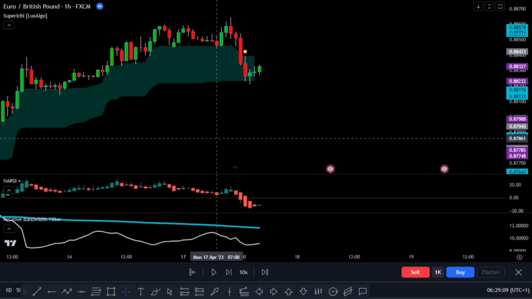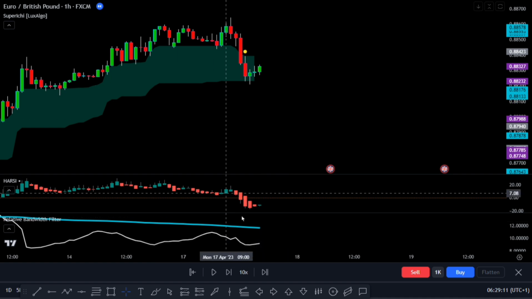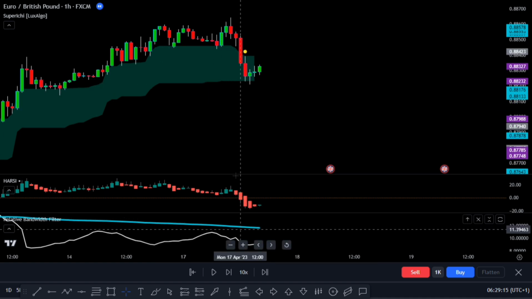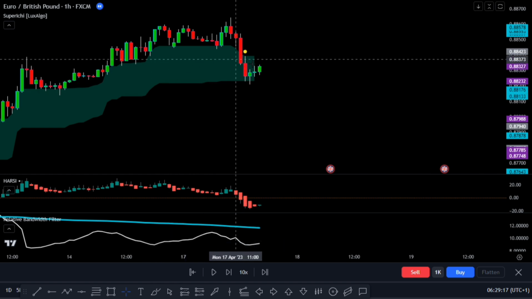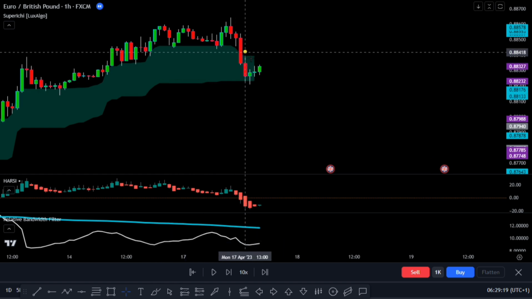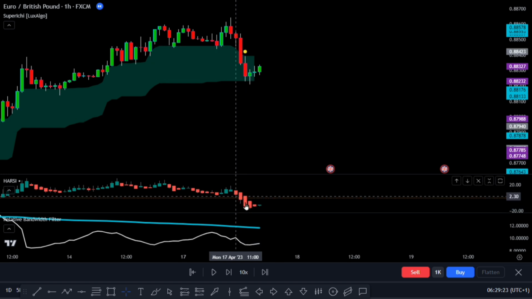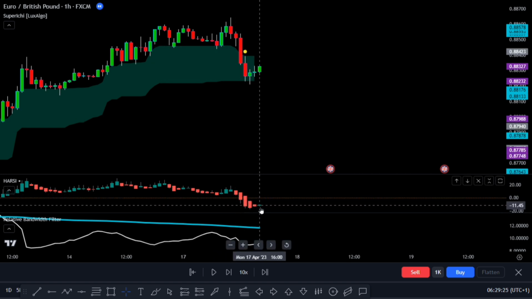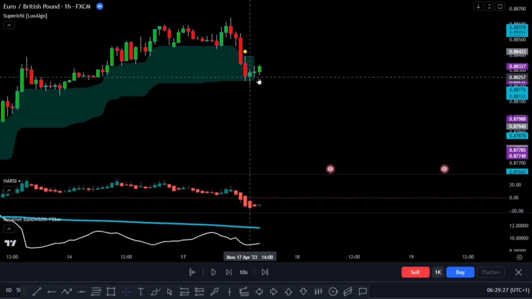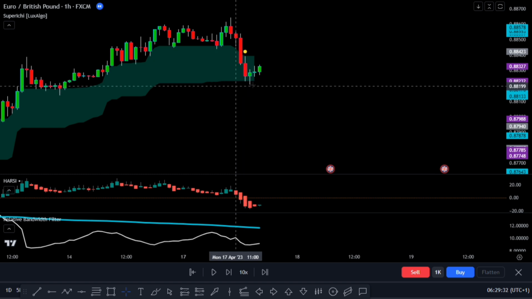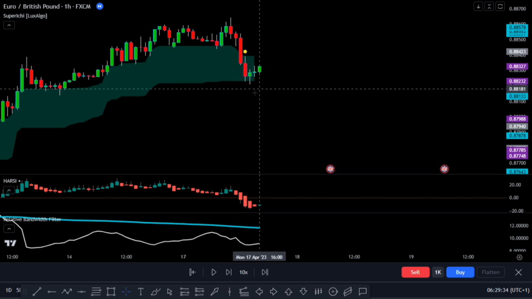So here is a situation where we would have avoided a bullish trade. We had some specific conditions that needed to be met, like the cloud being green and the appearance of a yellow signal at a certain point on the chart. However, when we looked at the Heiken Ashi RSI indicator, it was also giving us an entry signal at that time. But here's the catch. When we carefully observed the price movement from the yellow signal to the entry signal, we noticed something important.